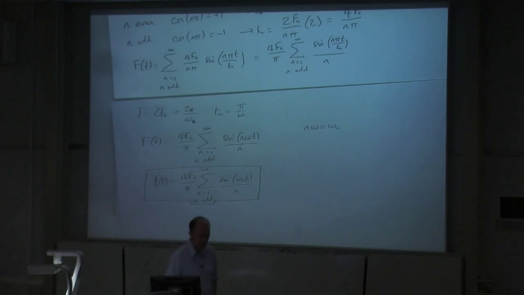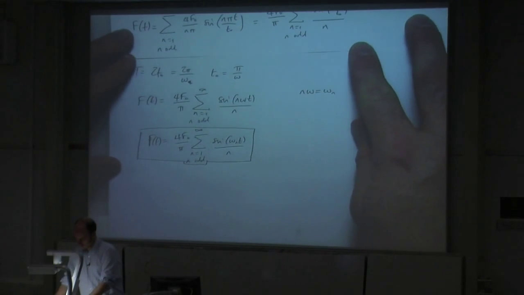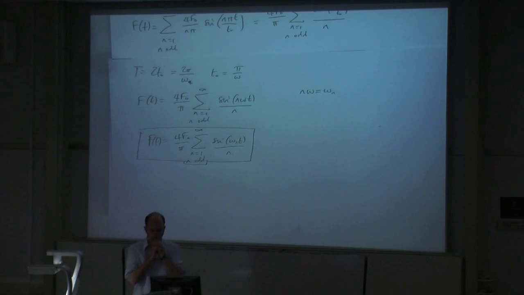So that's solving the Fourier series for that square wave. And like I said, this is covered on page 64 in your notes, but not in such expanded form.